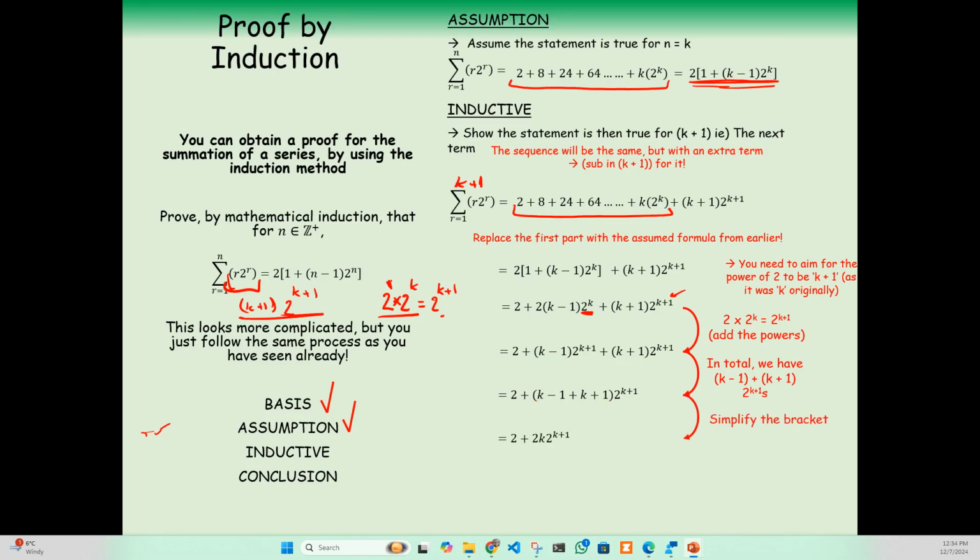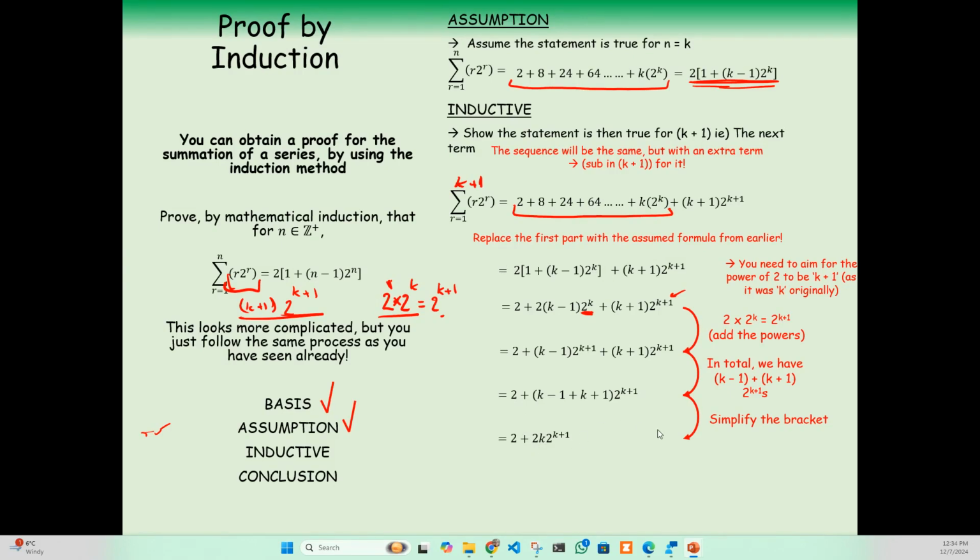Now, one more time, if you are careful about this, you can think about this formula here, and although it doesn't quite look like it at the minute, we can factorize a 2 out of this form here.